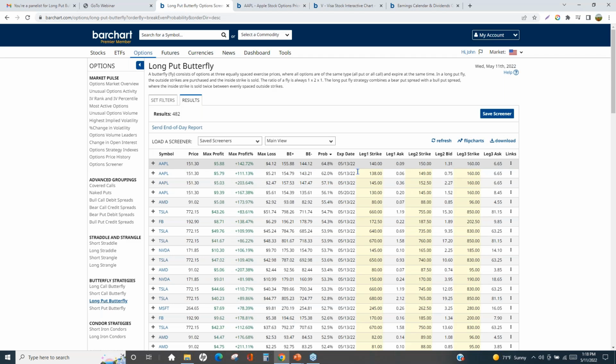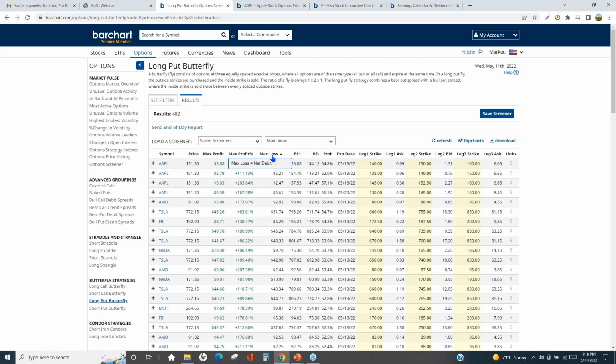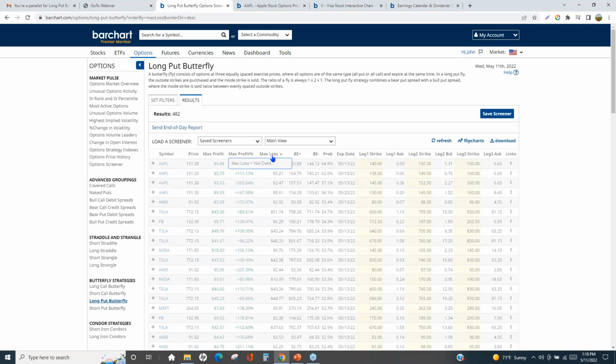So in this example here, our upper strike is 160, our cost is $4.12, so that gives us a break-even value of 155.88. And maximum loss is, just like I said, our net debit, or the cost of this particular trade.